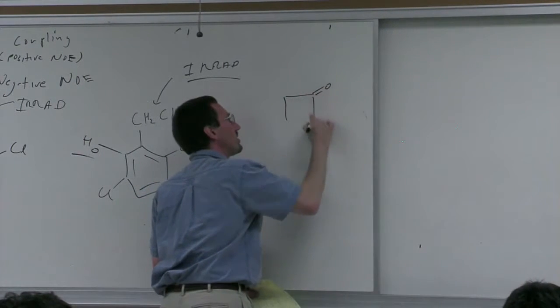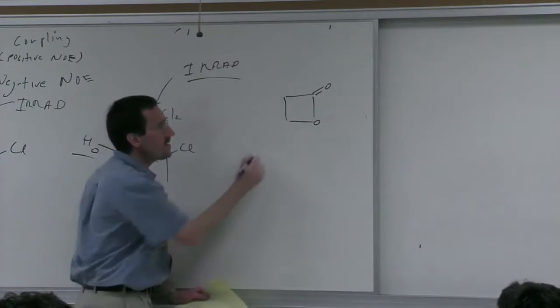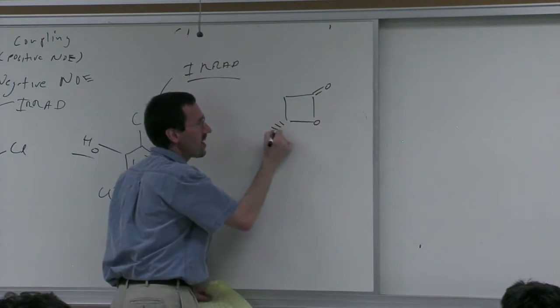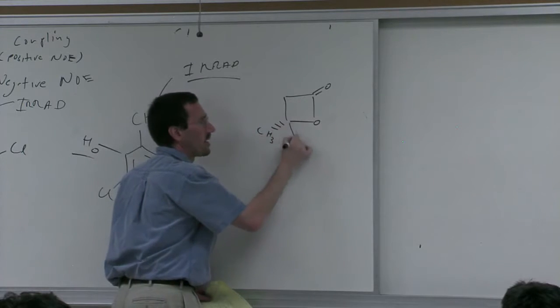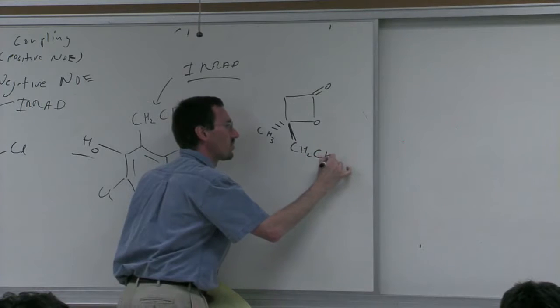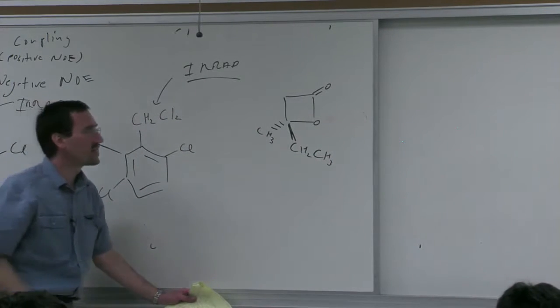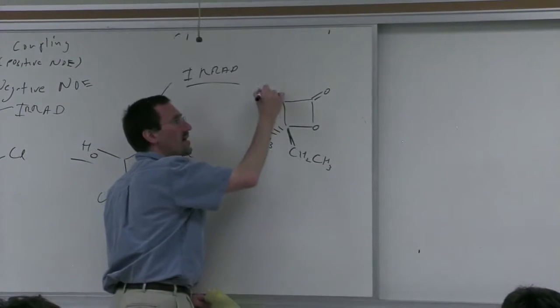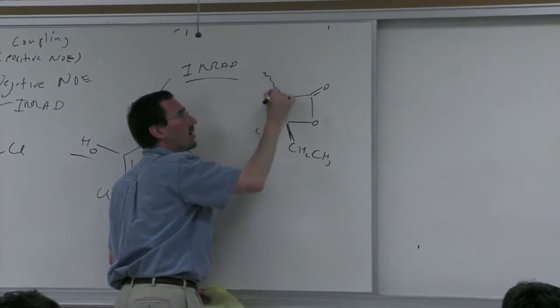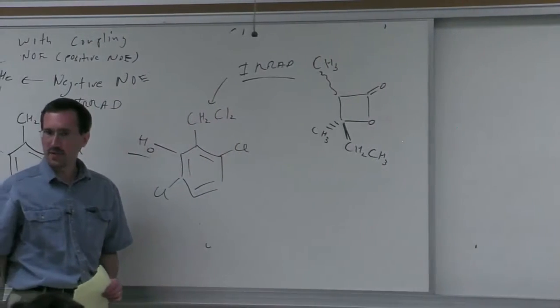Imagine that instead of just having a methyl group at this position, we had a methyl group and an ethyl group at these two positions. And now we had a methyl group over here of unknown stereochemistry.